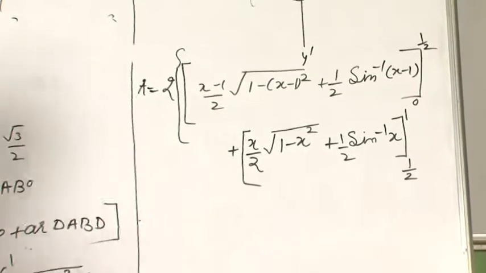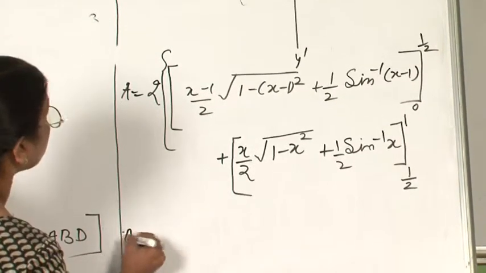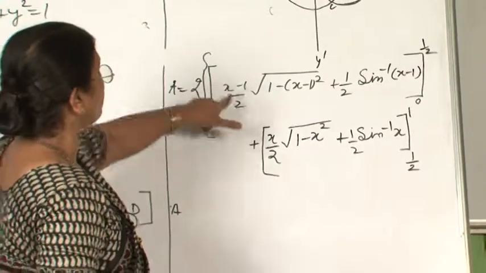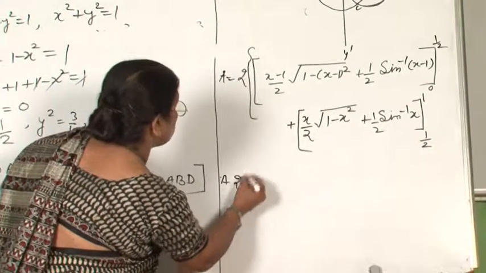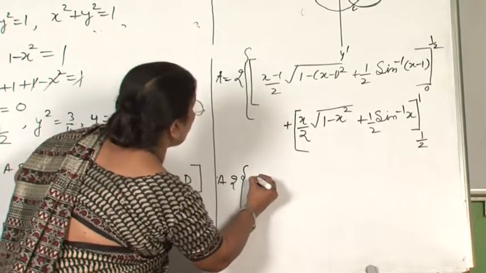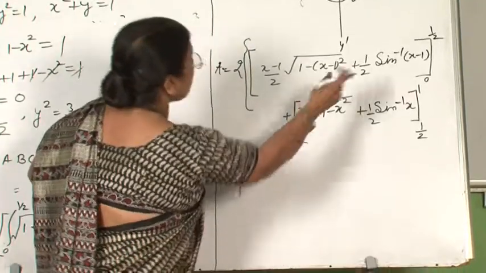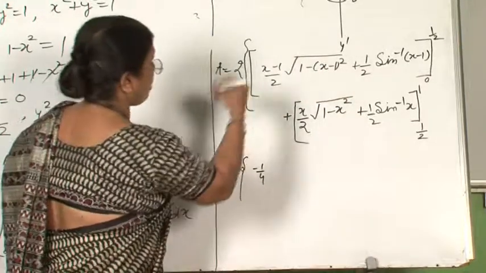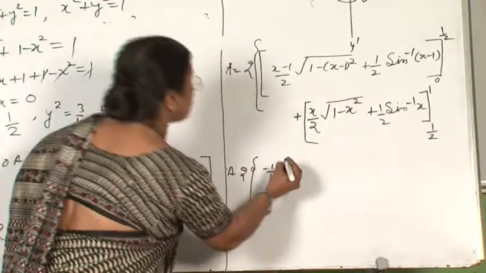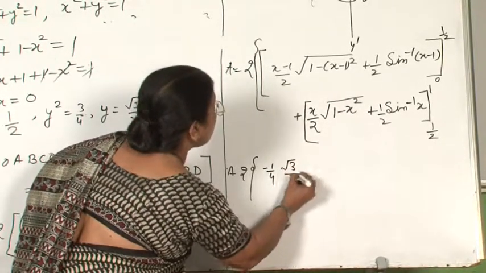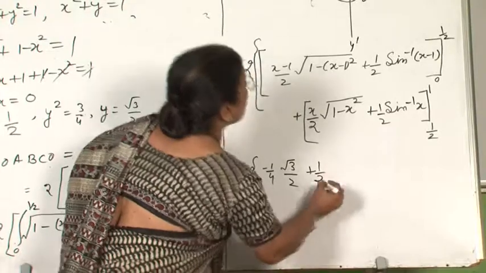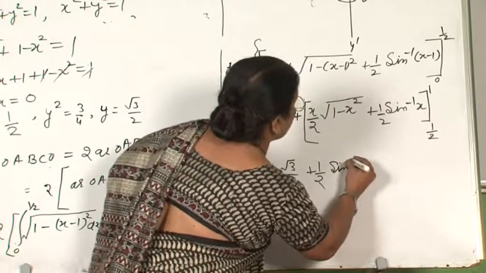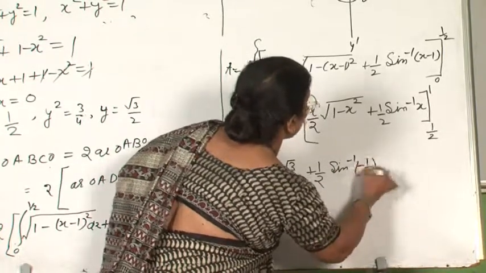Now, put the values. When we put x equal to 1 by 2, 1 by 2 minus 1 is minus 1 by 2, so it becomes minus 1 by 4 times root of 1 minus 1 by 4, which is 3 by 4, and square root of that is root 3 by 2, plus half sine inverse of minus 1 by 2.